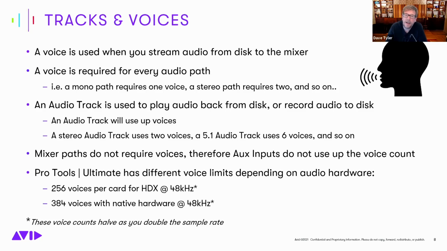If you're running a native system, so HD Native or using a Core Audio or ASIO interface, then you have 384 voices at 48 kilohertz. And the important caveat here is that as it stands today, as you double your sample rate, you're halving your voice count. So if you're running at 96K, you only get 128 voices per card, and so on. That's an important point to bear in mind at this stage.